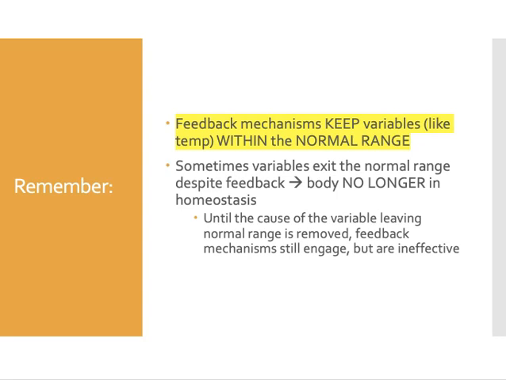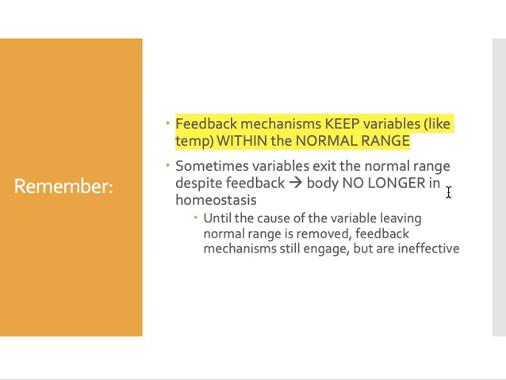As temperature goes up within the normal range, it's brought back down through negative feedback so that it stays in the normal range. It is true that sometimes variables exit the normal range despite these feedback mechanisms. In other words, sometimes the body is no longer in homeostasis.